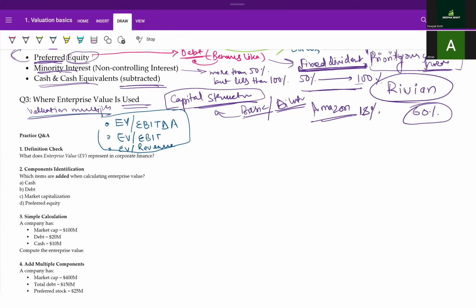In mergers and acquisitions, enterprise value indicates what the buyer pays for the acquired company's operations. It is also used in M&A, DCF, relative valuation, etc. So you actually have to calculate enterprise value.